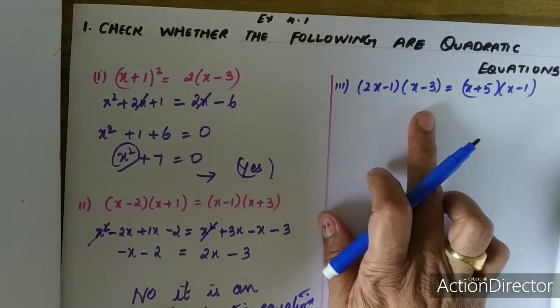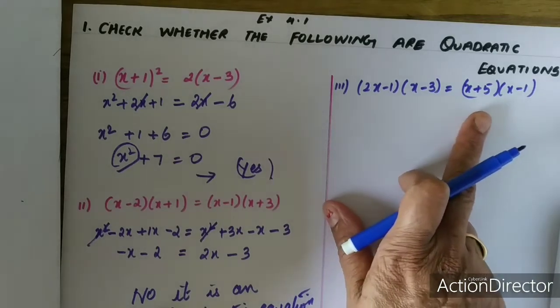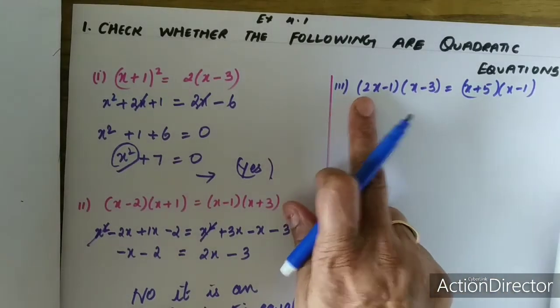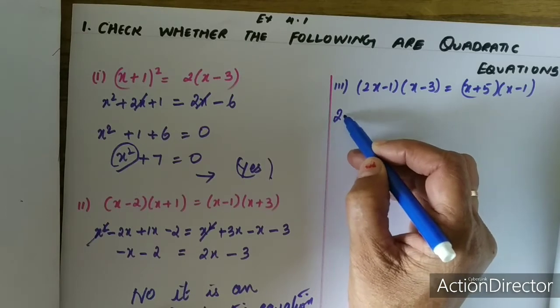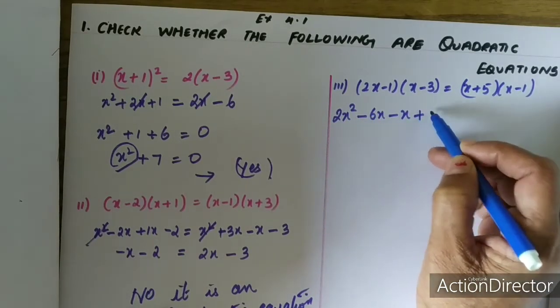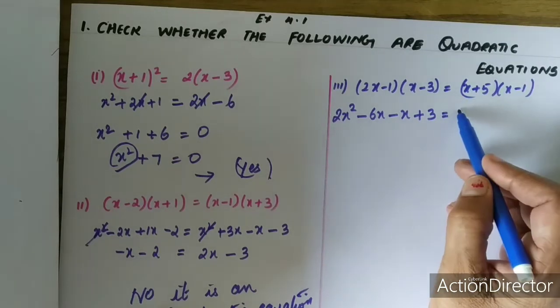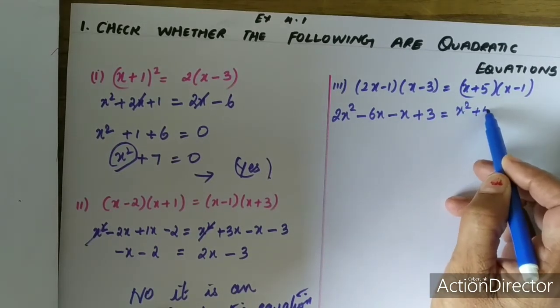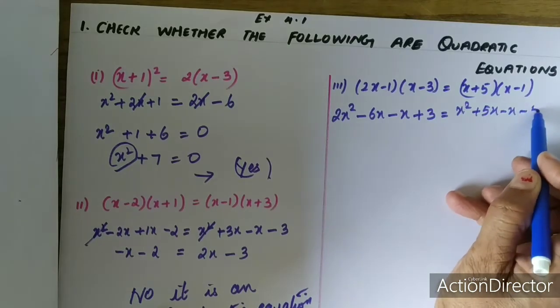2x minus 1 into x minus 3 is equal to x plus 5 into x minus 1. So, let me simplify. 2x into x is 2x square minus 6x minus x plus 3 is equal to x into x, x square plus 5x minus x minus 5.